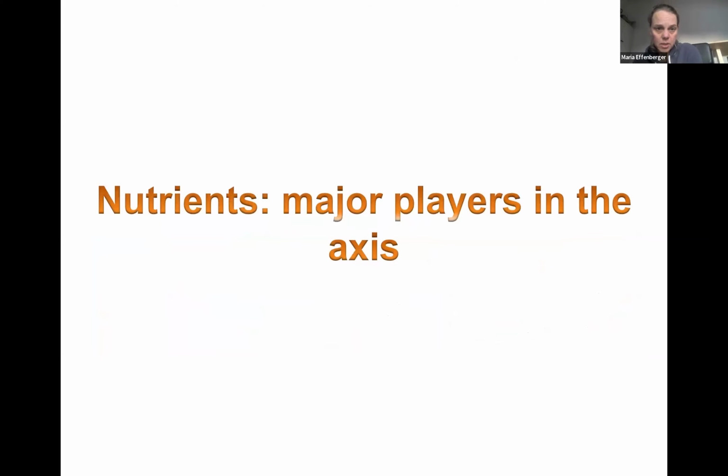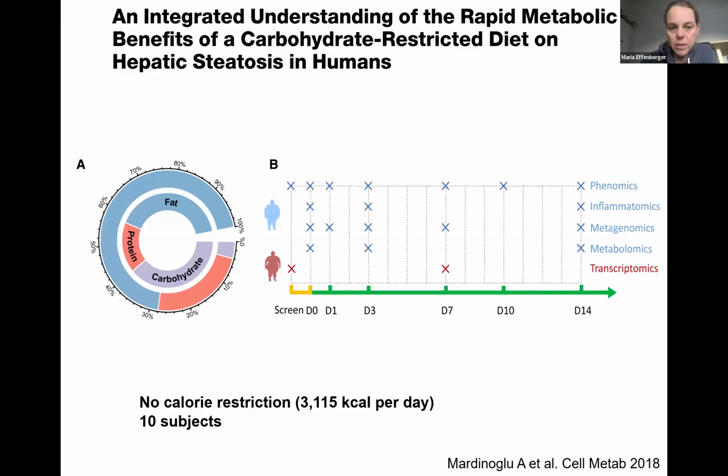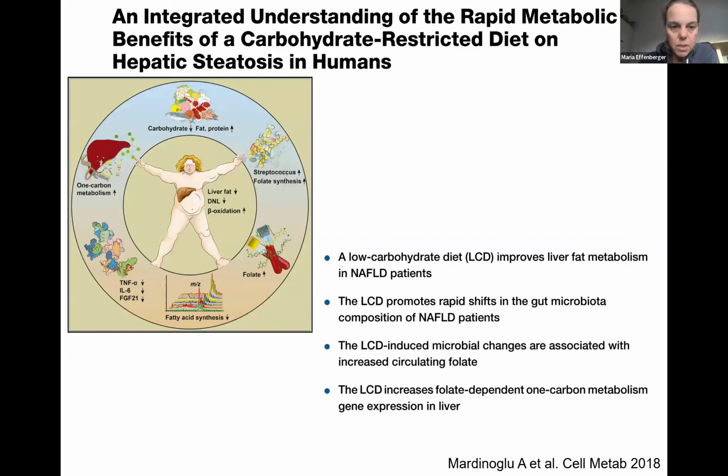As I've already mentioned, nutrients are the major player in this axis, and I would like to show you one study. It's a really cool one. They only included 10 patients, and they did a keto diet, as we all know. So all these patients were not allowed to eat carbs. And then there was a broad analysis, including metagenomics, metabolomics and transcriptomics.